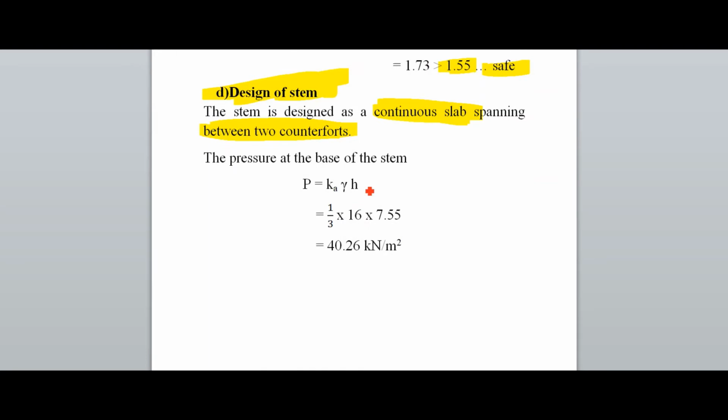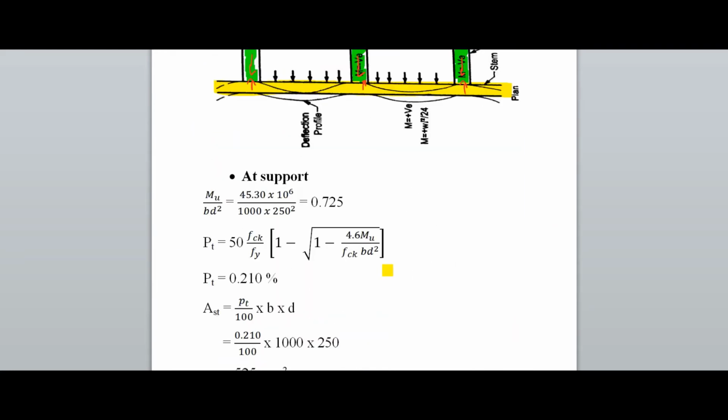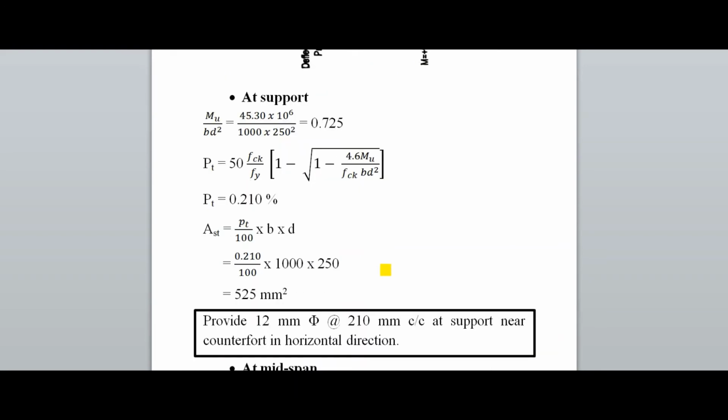Okay. So first of all, we have to find the pressure at the base, Ka gamma H. Triangle-shaped soil pressure, Ka is 1/3. Ka into gamma into H, where H is 7.55, the stem height, so 40.26 kilonewton per meter square is the pressure. So by the pressure you can find the moment.